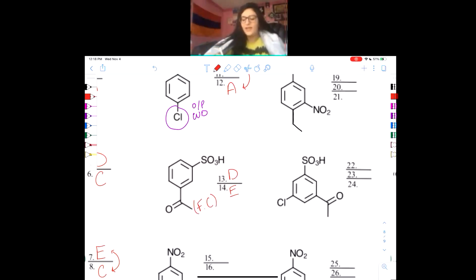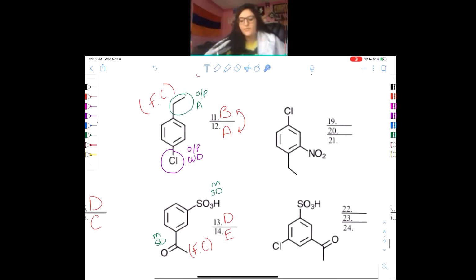So D had to be first because even though these are both meta directors, Friedel Crafts cannot happen once there is a strong deactivator added. So I'll just write strong deactivator, meta directing, strong deactivator, meta directing. But this was Friedel Crafts.